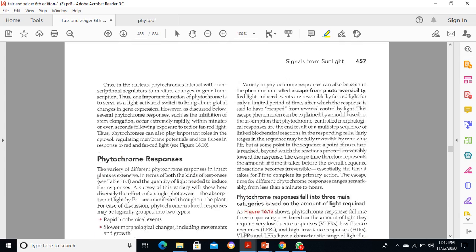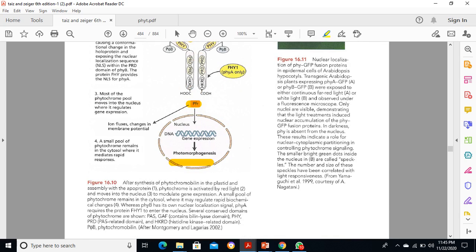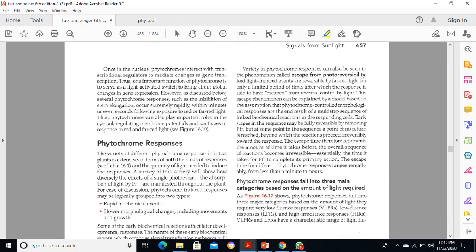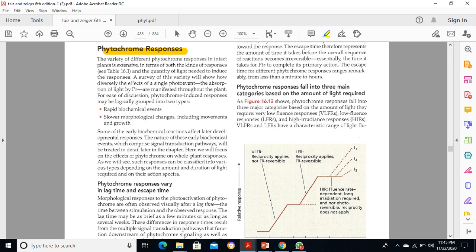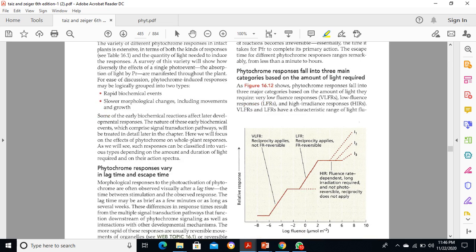Now, here you can see the gene expression, and it executes various photomorphogenesis. So what are these phytochrome responses? That is rapid biochemical events, slower morphological changes including the movements, growth, etc.